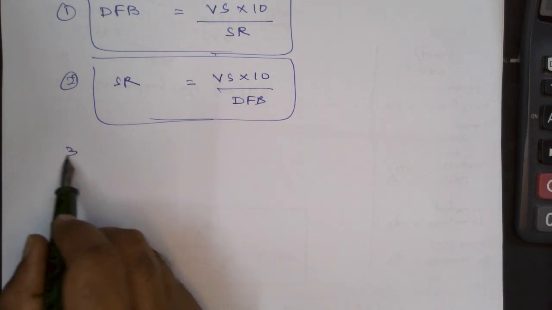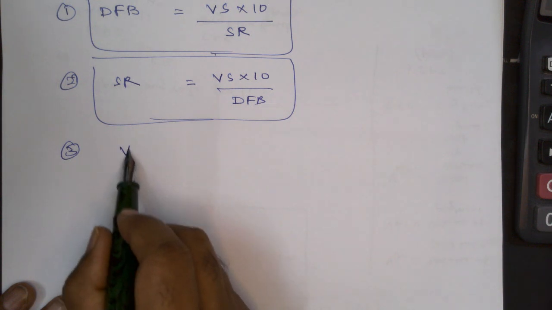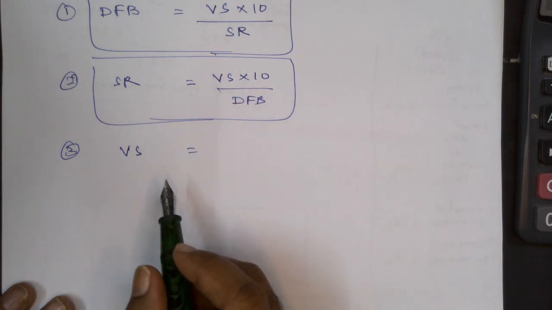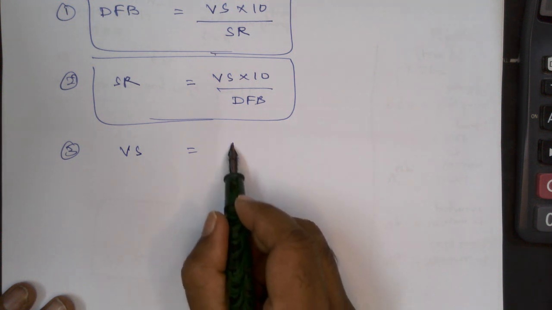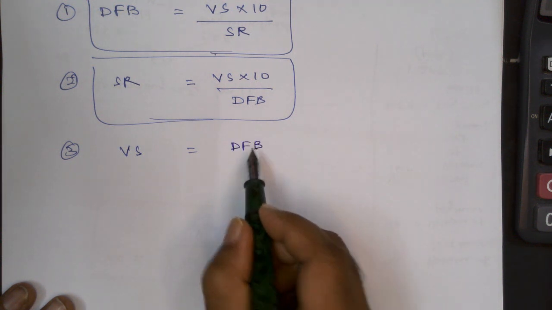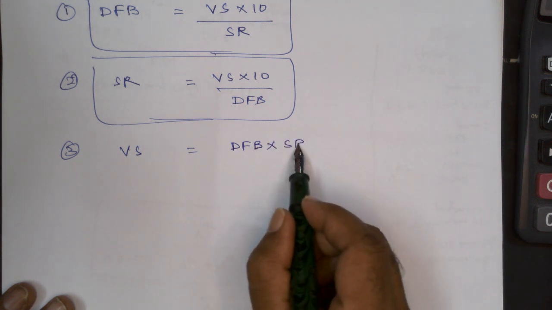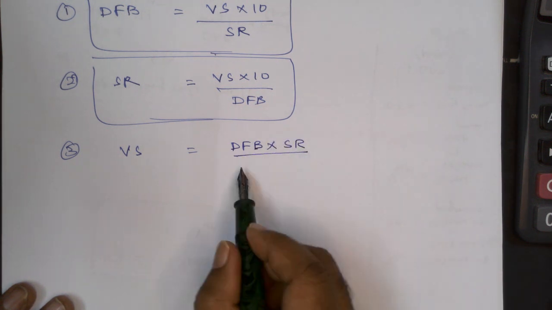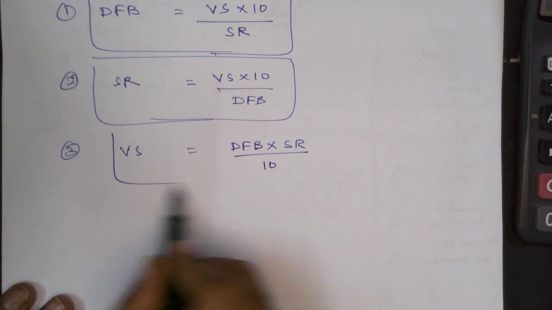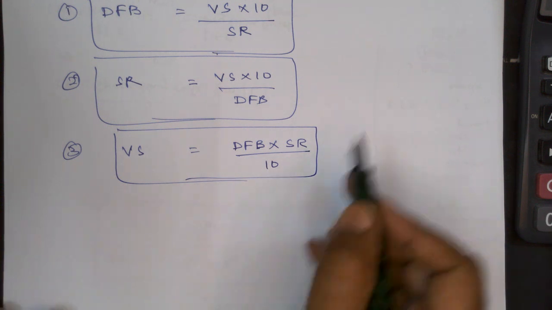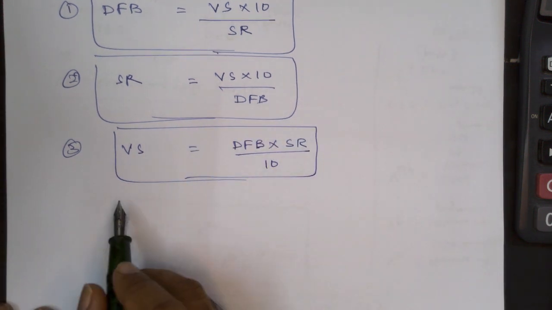Similarly, we can obtain volume solid using this equation, that is DFB into spreading rate divided by 10. So this is another way to calculate volume solid based on the application.